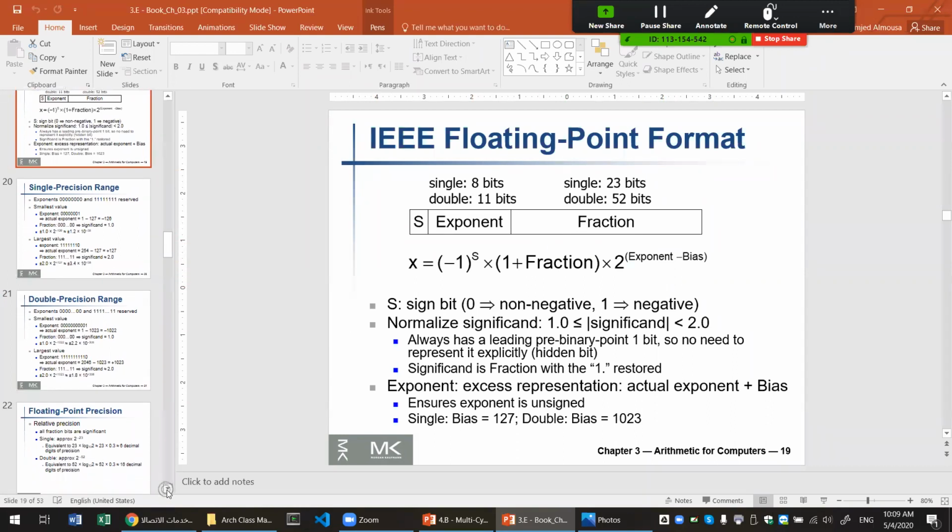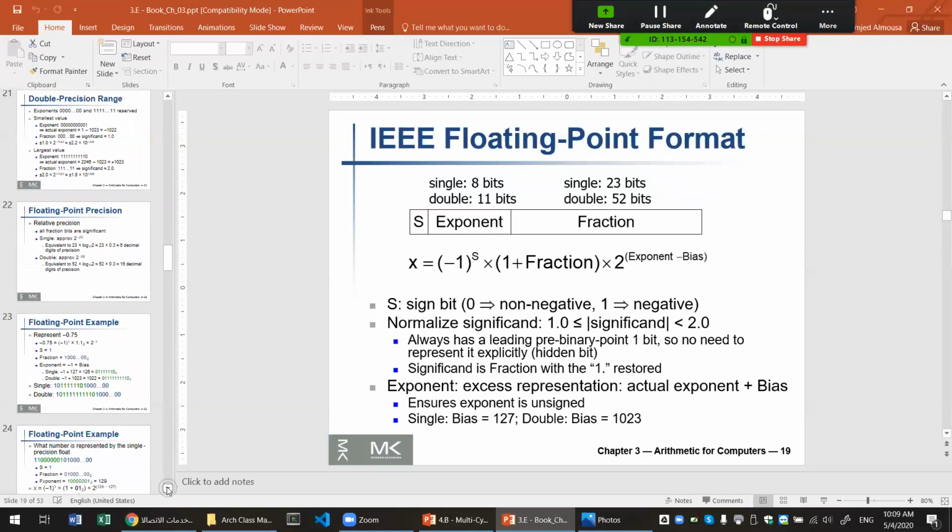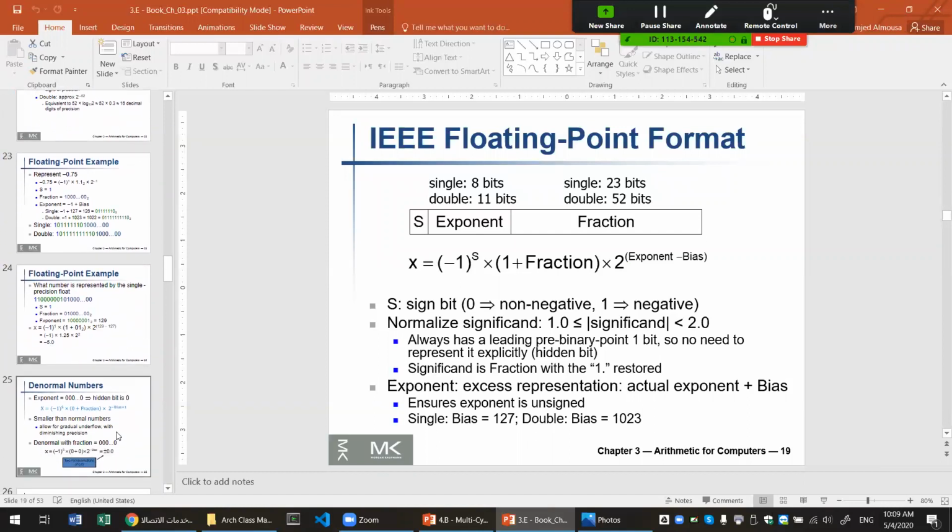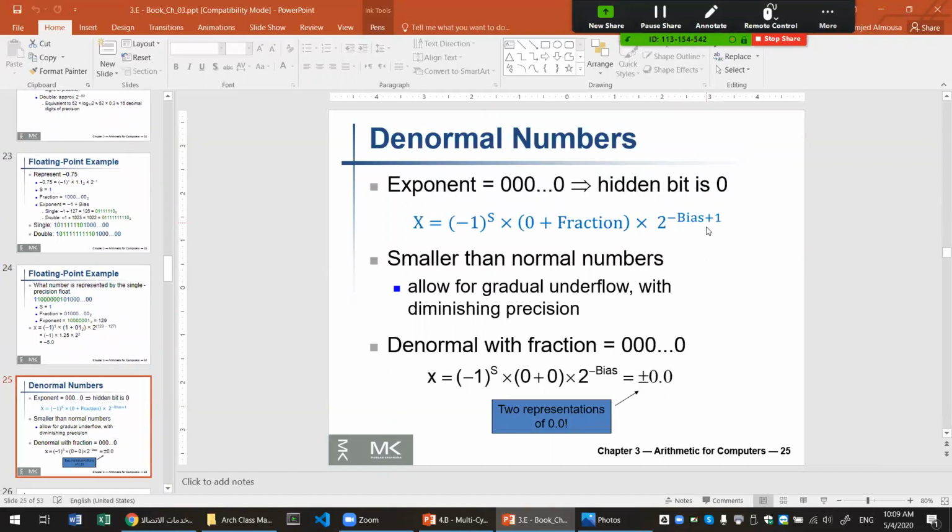When the number becomes denormal, the formula should change and become 2 to the minus bias plus 1. Please make sure that if a question comes in the final, you solve using this formula, not the old one.